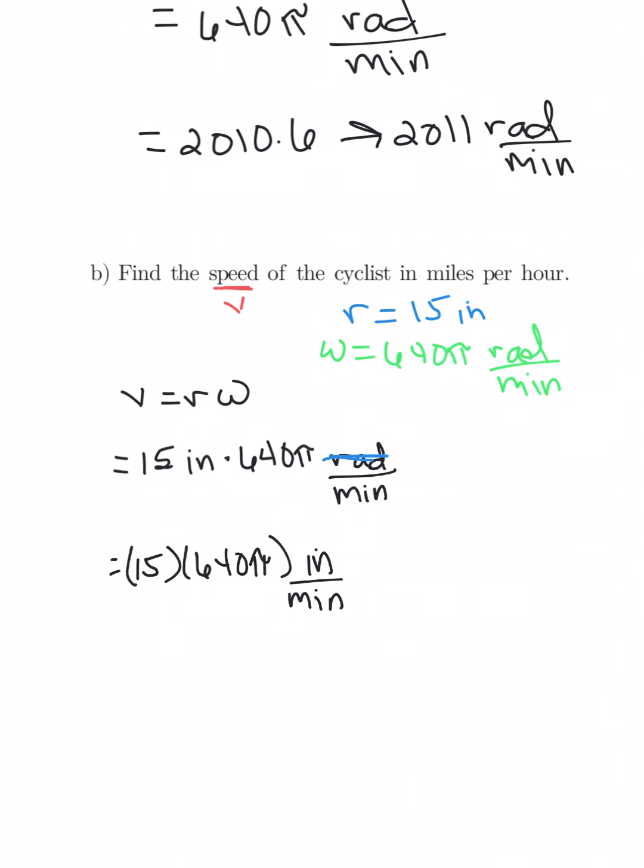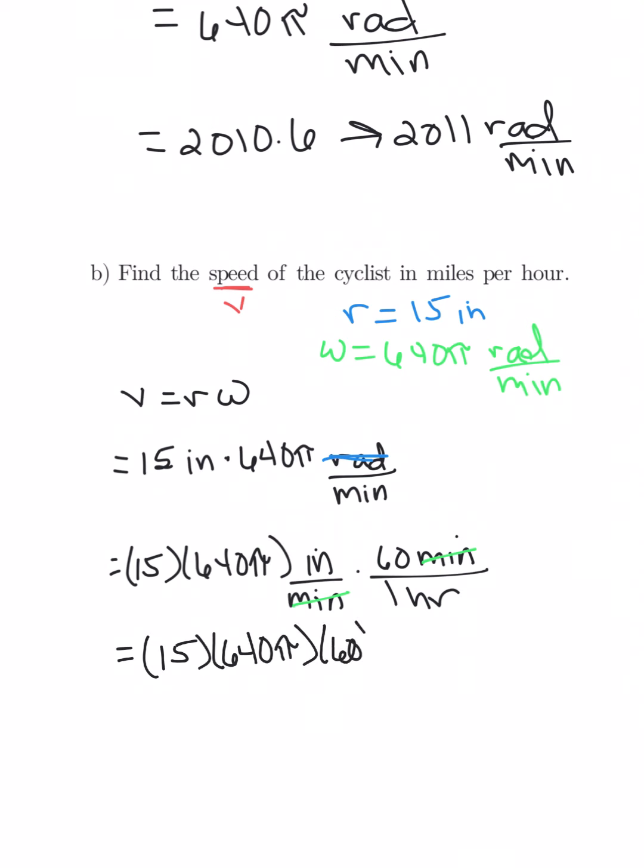Let's convert the hours. That will be quick and easy. We need to get rid of minutes, make it hours. So we are going to do 60 minutes in the numerator and 1 hour in the denominator. So now the minutes are gone. Looking at what we have now, we have 15 times 640 pi times 60, and we have inches per hour.